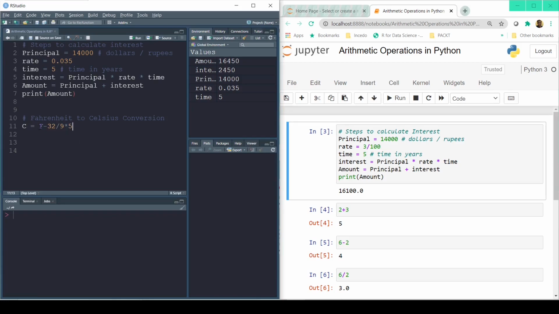Now this is how we convert if we already know what F is. For example, let's say Fahrenheit, FAH, is equal to 100. And let's keep this as CEL, denoting Celsius. So if we know that Fahrenheit is 100, what should be the value for Celsius? And the formula is Fahrenheit minus 32 divided by 9 into 5.